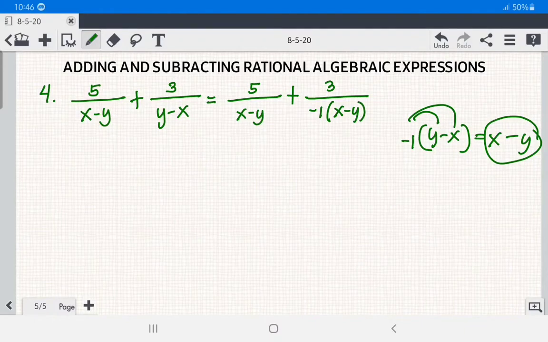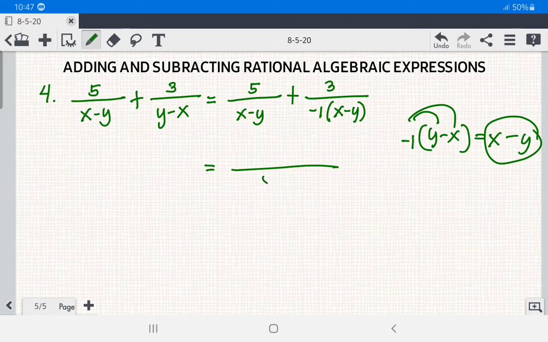Then we're going to multiply, as you can see, negative 1 times x, we have negative x. Then negative 1 times y, we have positive y. So that's correct.